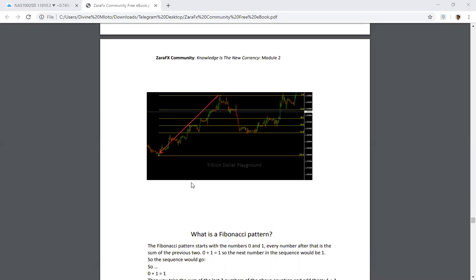Or if you're in a downtrend, you pull it from the top to the bottom, and then you catch the retracement. The strongest ones are usually 50% and 61.8. So once price retraces around 61.8% of the trend, you could expect a retracement around that level.